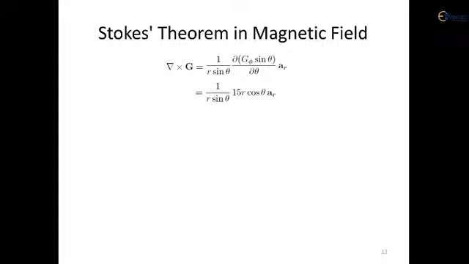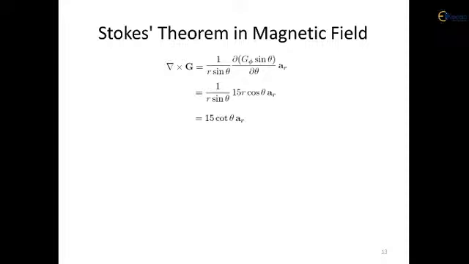And finally, as we have the ratio cosine divided by sine, this can be expressed in terms of cot. So we have 15 as it is, the cosine divided by sine we represent by cot. r upon r can be cancelled from the numerator and denominator, so we are left with 15 cot theta a r.